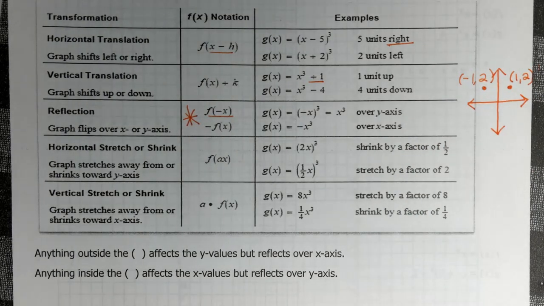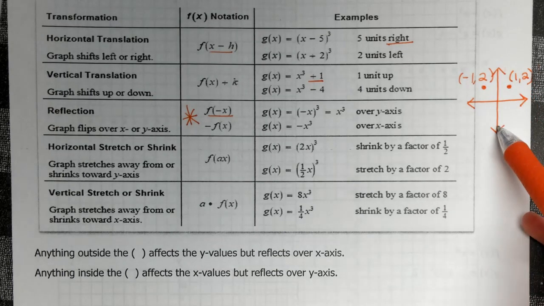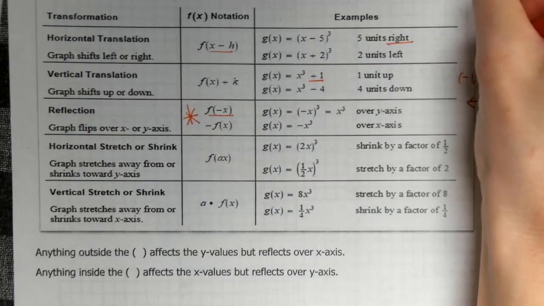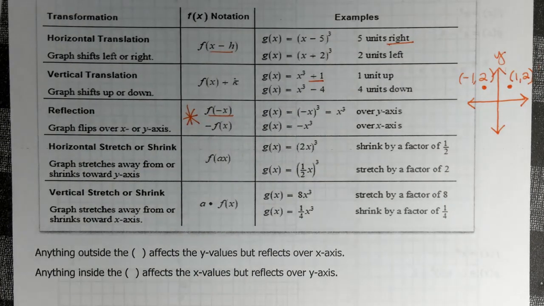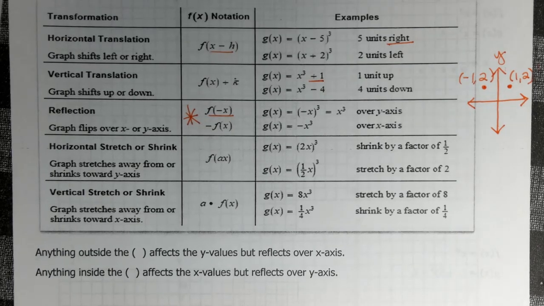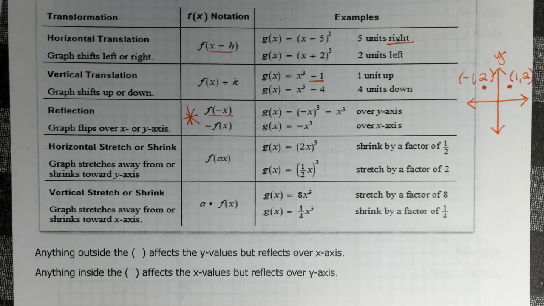Well, I made the x negative, but what axis did it flip over? The y. Okay, so that's what I say is it's going to flip over the opposite variable. If you have negative f of x, remember f of x is the same as y. So if I have that same point 1, 2, but I make my y negative, that becomes 1, negative 2.